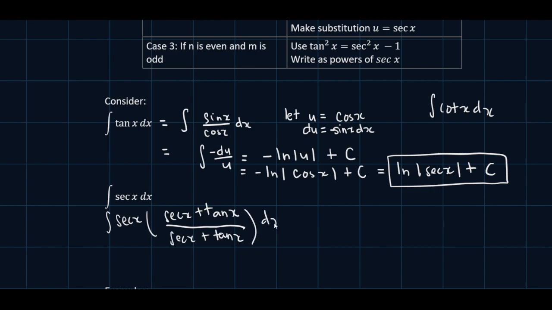Again, this is the same as multiplying it by 1. Simplifying, we have secant squared x plus secant x tangent x all over secant x plus tangent x dx.